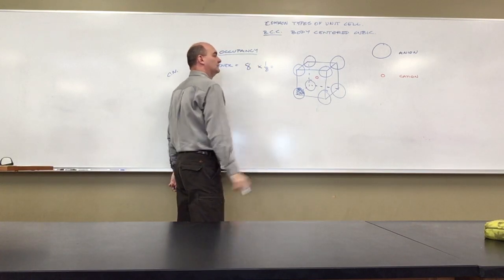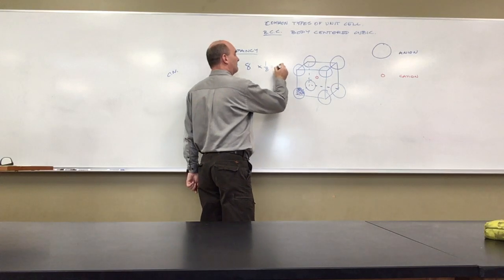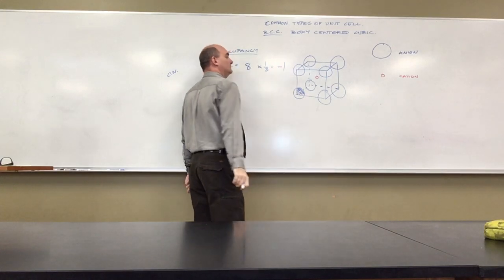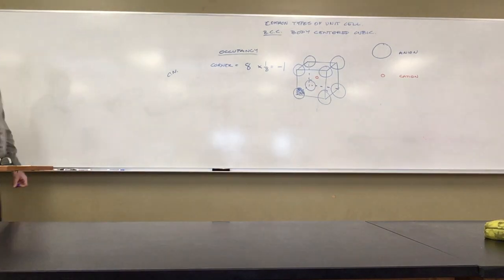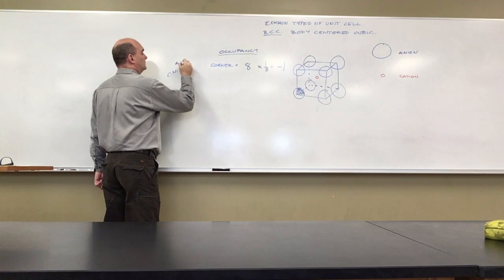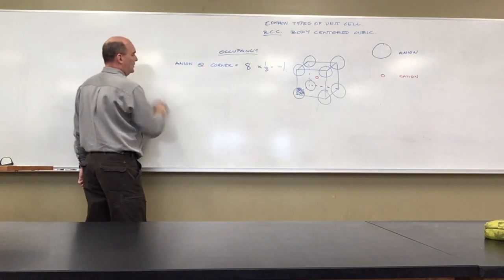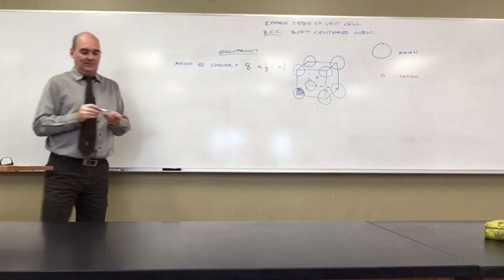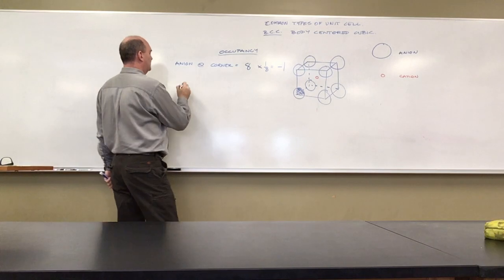Oh, man, that makes sense. I have a charge for my anions. Anions at the corner, I have 8 of them. Each of them is 1/8 inside the box.